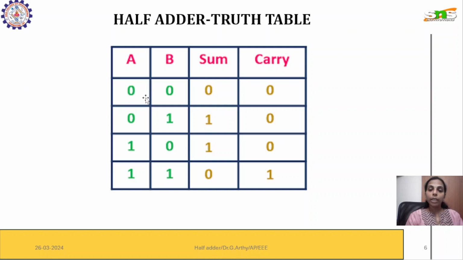If we have 3 inputs, then 2 power 3 combinations will be there. Here it is 2 inputs, so 2 power 2, which is 4 combinations, starting from decimal 0 to decimal 3. And here we have written the binary equivalent.